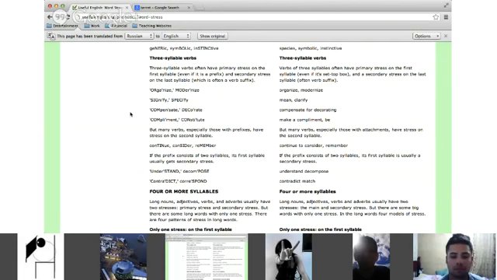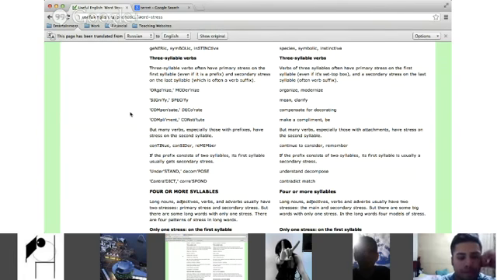Three-syllable verbs often have primary stress on the first syllable, even if it is a prefix, and secondary stress on the last syllable, which is often a verb suffix. Organize, modernize, signify, specify, compensate, decorate, complement, constitute.